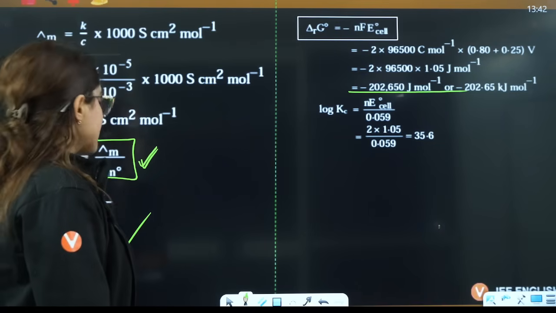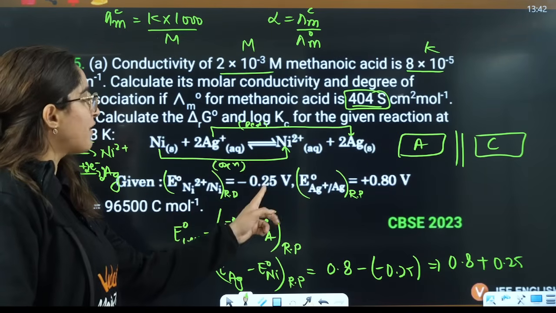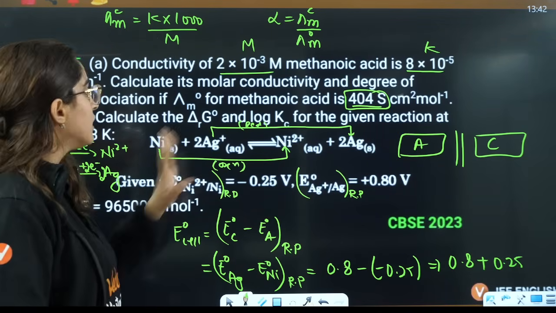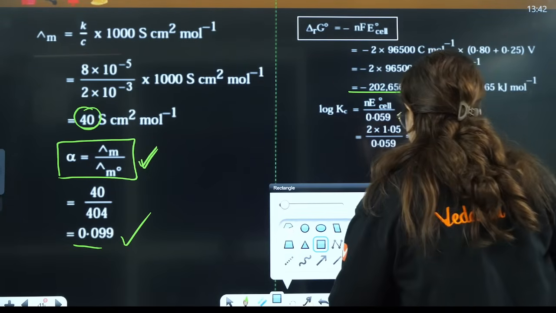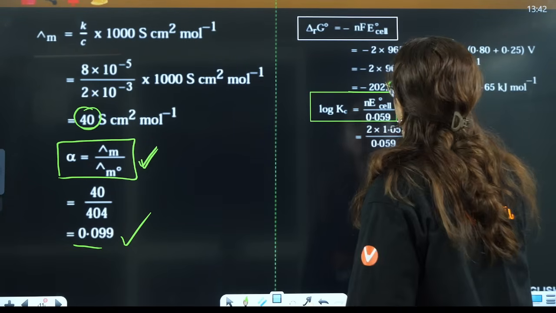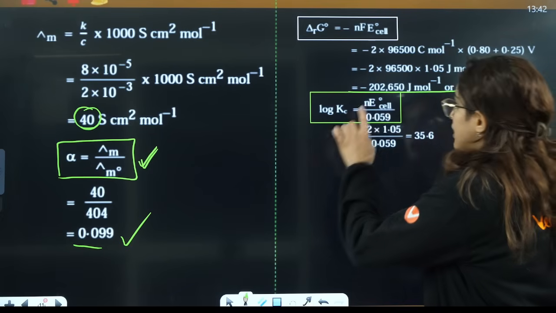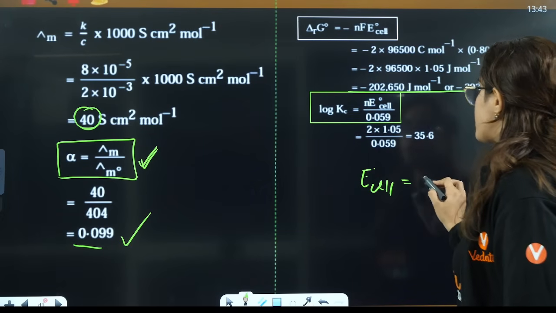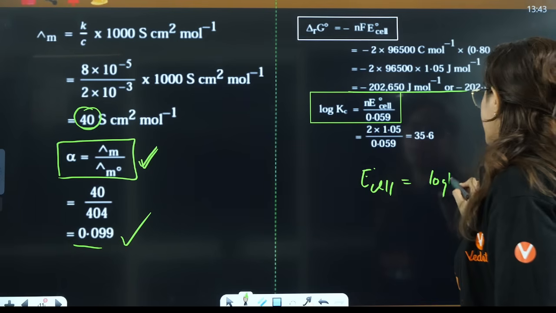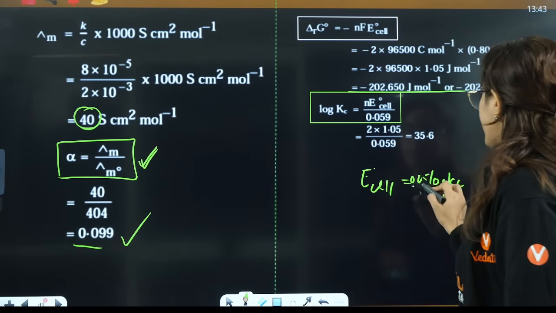Okay. Next is, they have asked you the value of log Kc. Now the value of log Kc, you will calculate it by, we know the formula, right? E naught is equals to 0.059 by n log Kc.